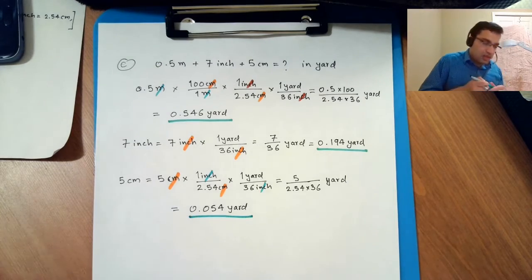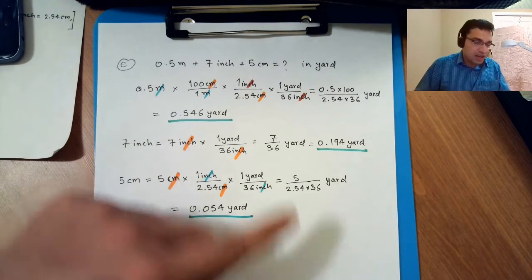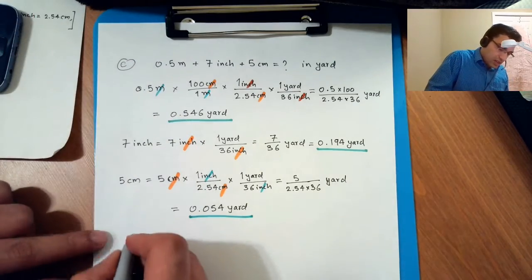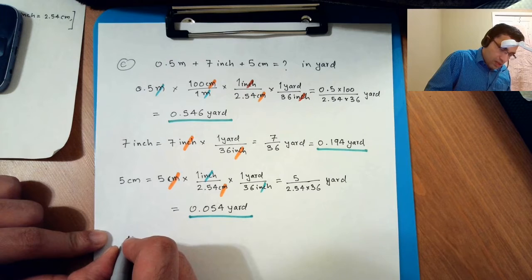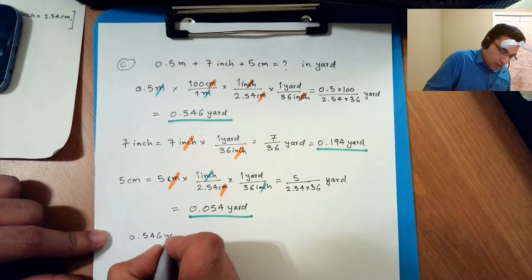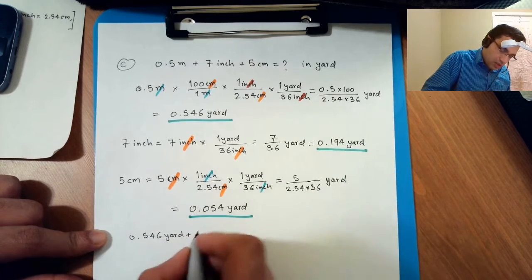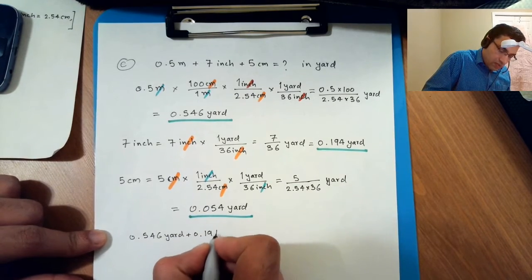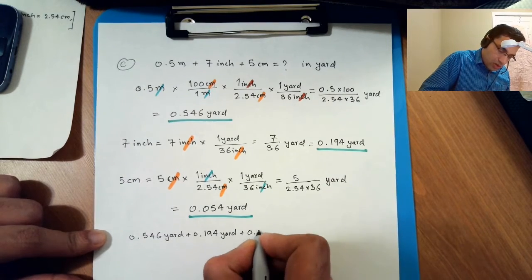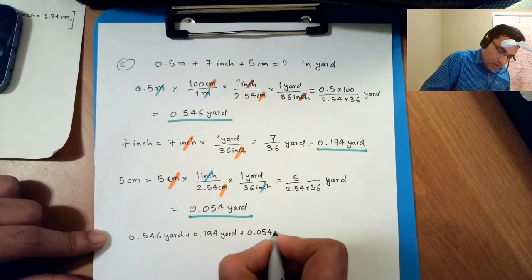Okay, so I got these three now in yards. I got to add them to get the final answer. So the final answer is 0.546 yard plus 0.194 yard plus 0.054 yard.